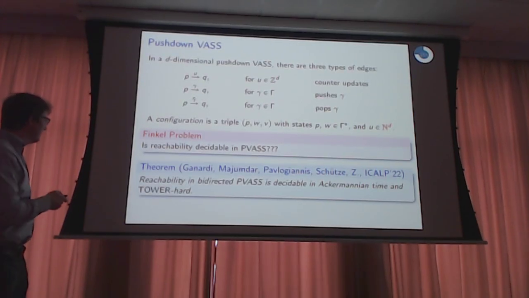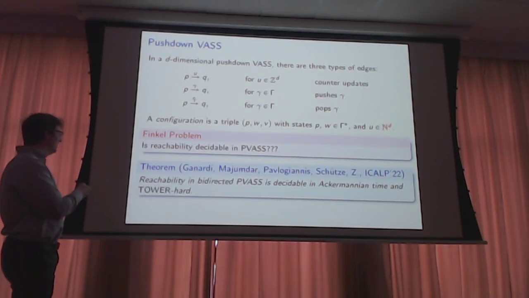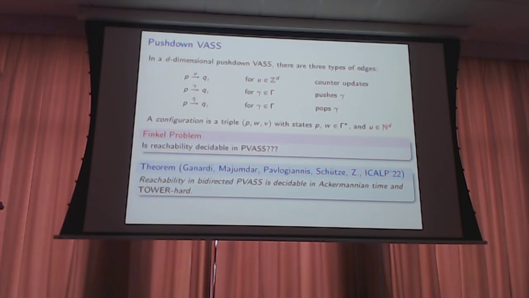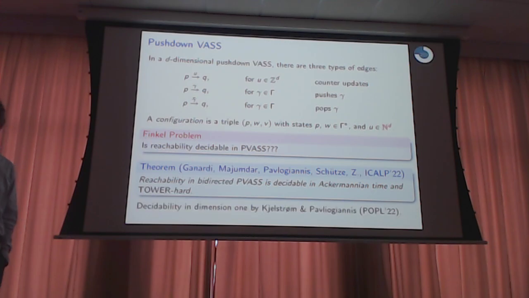And in the bidirected case, one can show it's decidable in Ackermannian time and hard. And I will not talk about the complexity results of this particular fact, but about decidability. And I think I can do the improvement for it, because it's very simple, surprisingly.